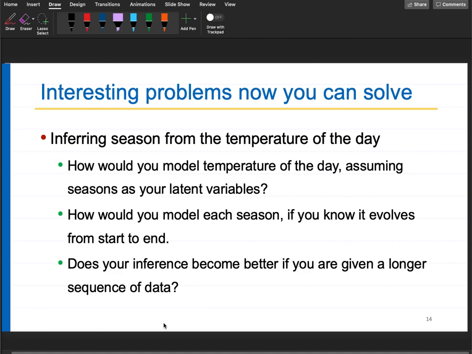How would you model each season if you know it evolves from start to end? Basically what it means is, now each season is also evolving. Like summers also start at some time, then attain a peak and then decay. Then the monsoons will start, they will attain a peak and then they will decay. So even within each season also there is variation. How will you do that?